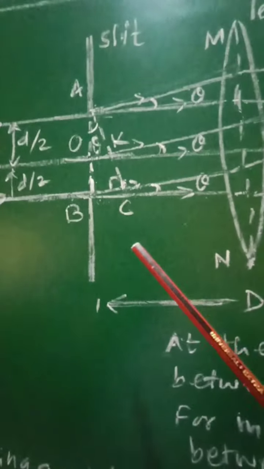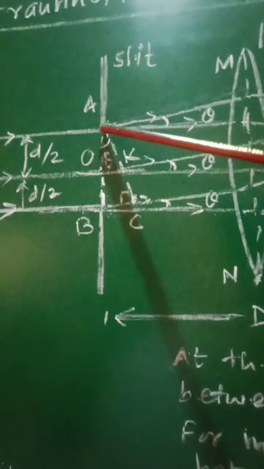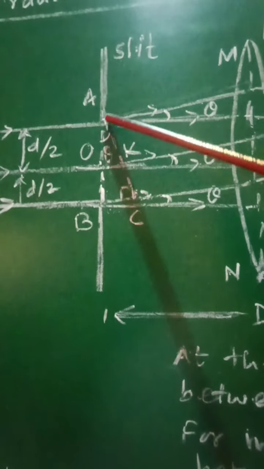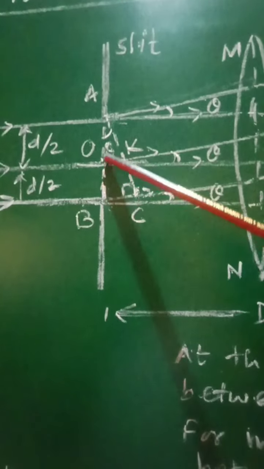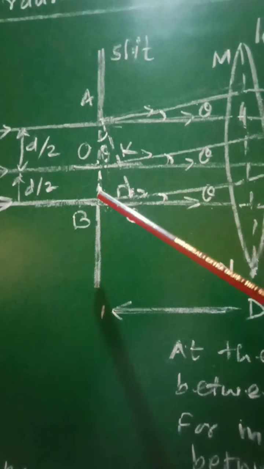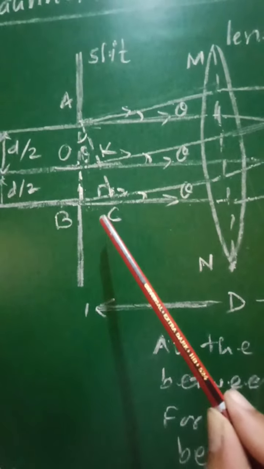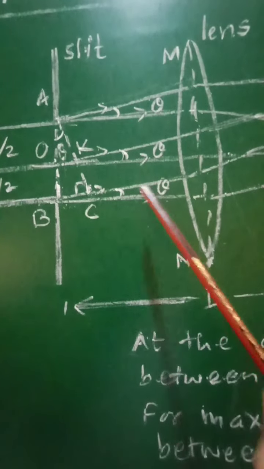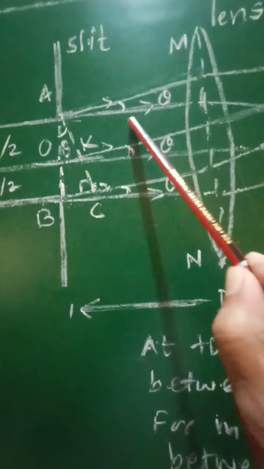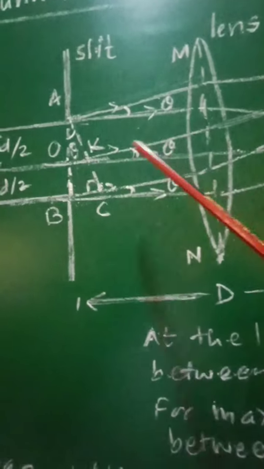Now let us consider that the slit is divided into a large number of extremely small slit elements, and then let us consider only those rays of light which are parallel to the axis of the lens.